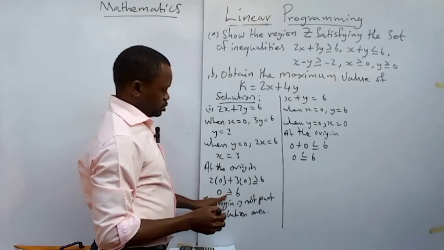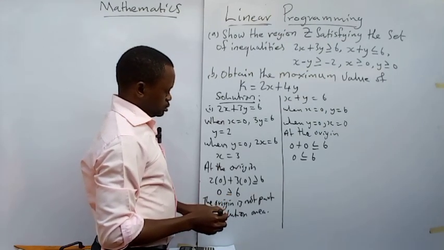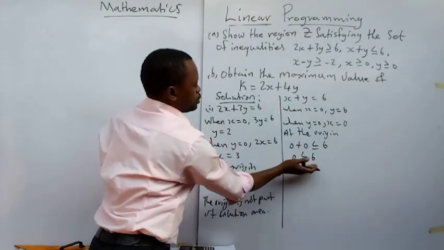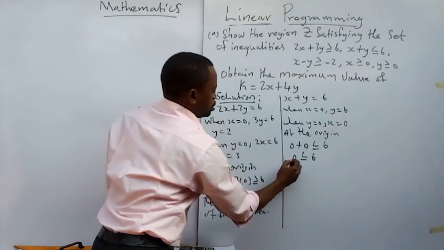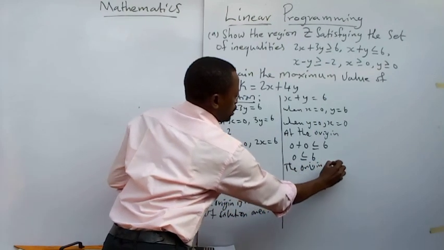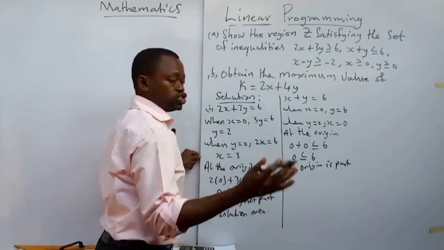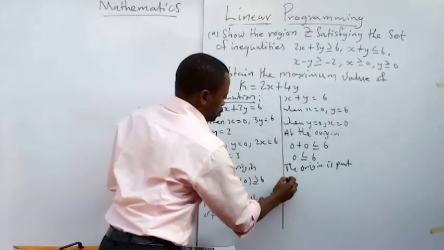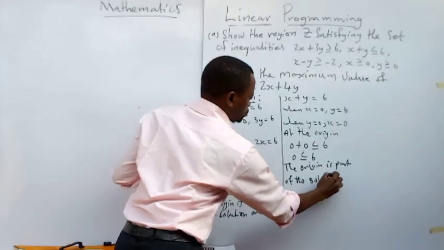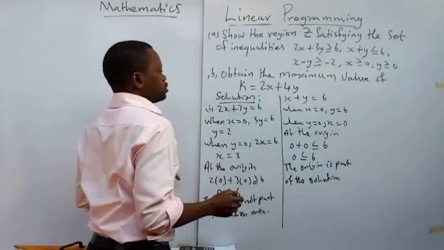Unlike this, 0 is not greater than 6 and it's not equal to 6. So here in this inequality, we can say the origin is part, that will be shaded inclusively, is part of the solution.